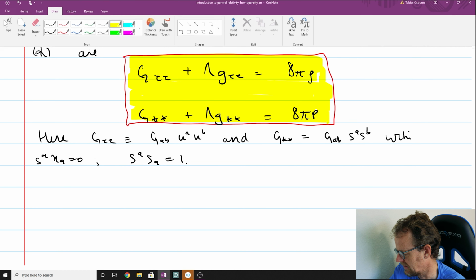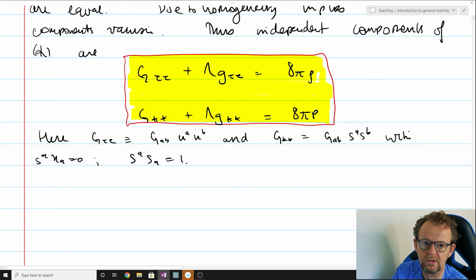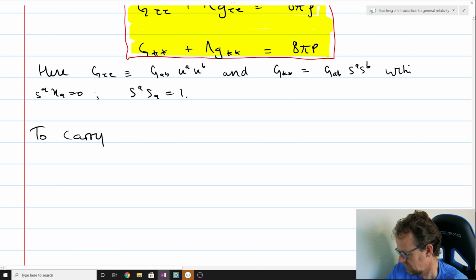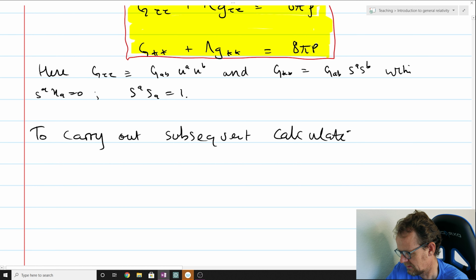I mean, it's explicitly there in the cosmological constant term, but in the Einstein tensor it's sort of buried in a nonlinear way. So to carry out the subsequent calculations, we're going to have to work out the dependence of the Einstein tensor on the metric.